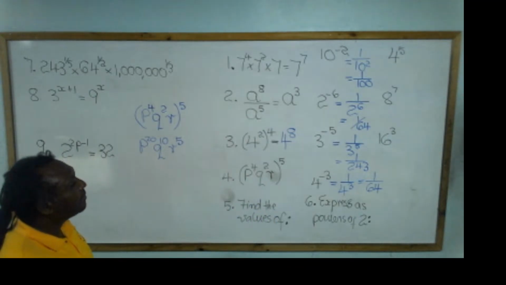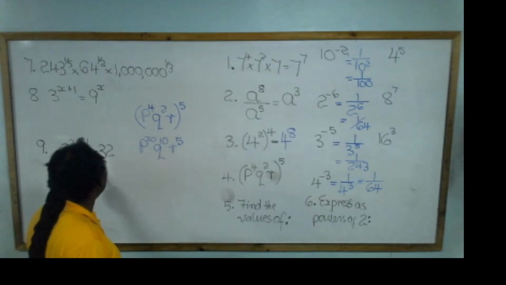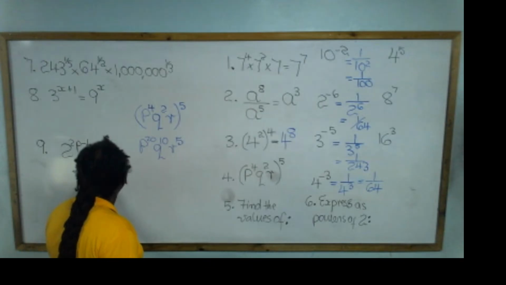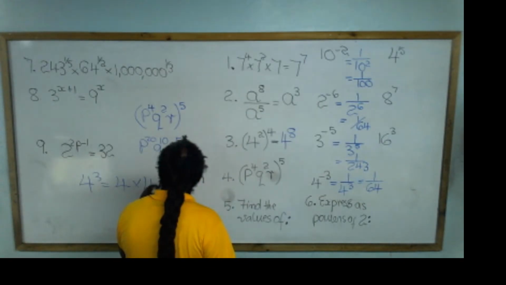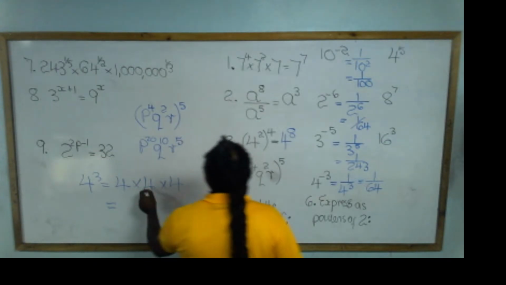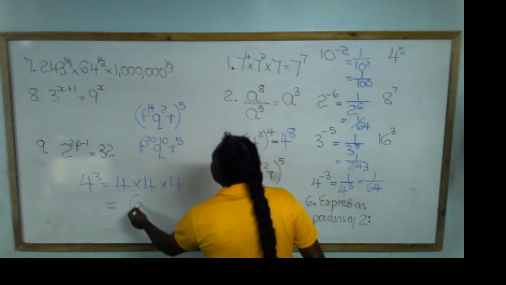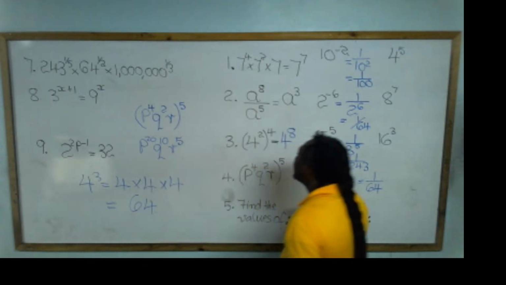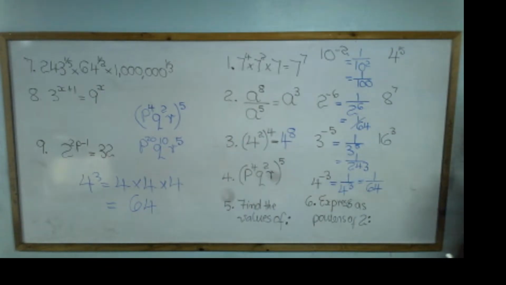Of course, 4 to the power of 3 is not there, but it is not far-fetched, because 4 to the power of 3 is equal to 4 times 4 times 4. And what will that be? 4 times 4 is 16. 16 times 4 is 64. So that one you'll be able to tell also. That's nice.